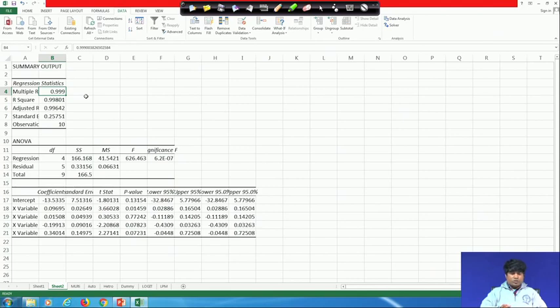In the forward search process, the most important variable should enter first. So, technically we can start with y with the first independent variable, and then followed by the last variable, and then the second last, and then finally this one.